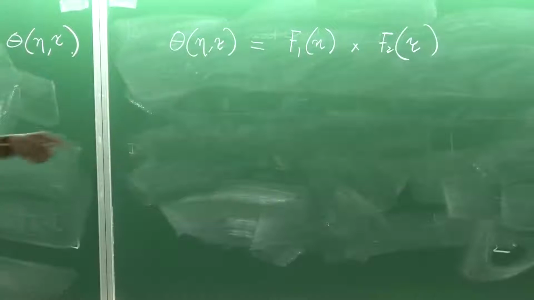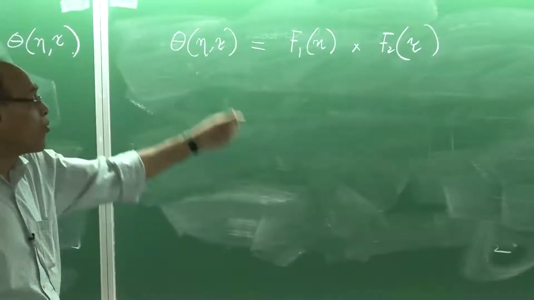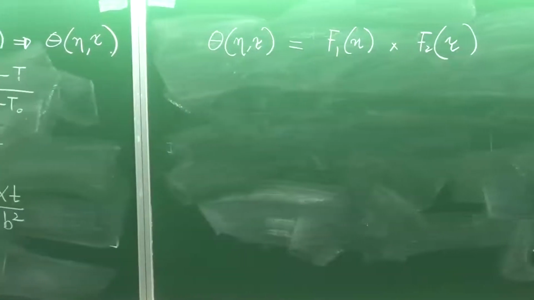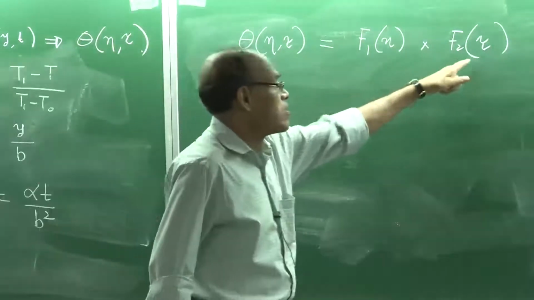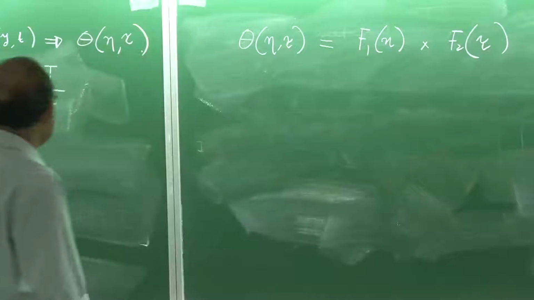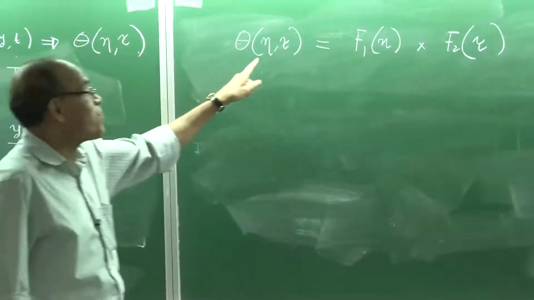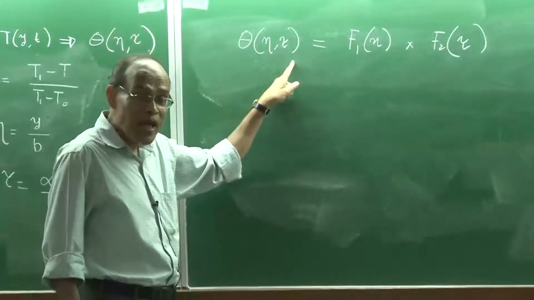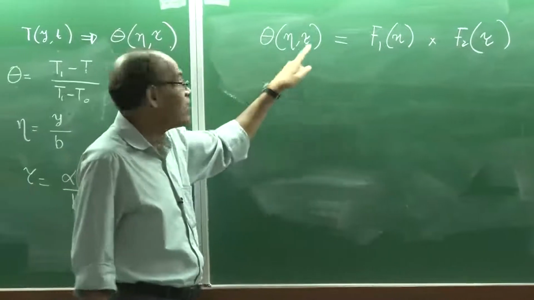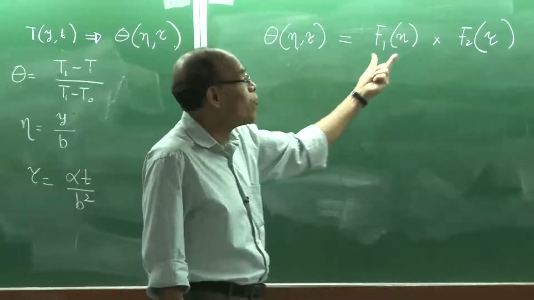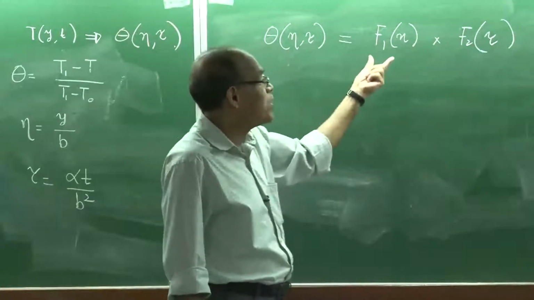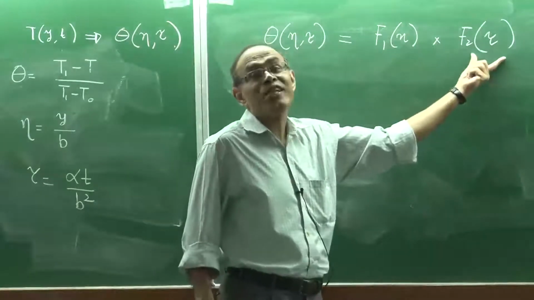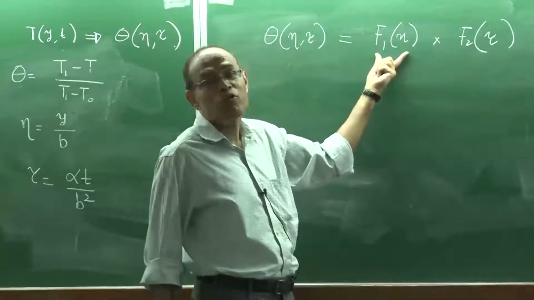You can read any of the books, Carslaw and Jaeger for example, and you can see how the product solution is really done. Okay. So, two independent functions in this case, because the derivatives are different, one is with respect to the space, the other is with respect to the time. One has a second order derivative, the other has a first order derivative. So, therefore, these functions are going to be different, and if I write the solutions, we will see that this function will come out to be an exponential function and this will come out to be a cosine function.